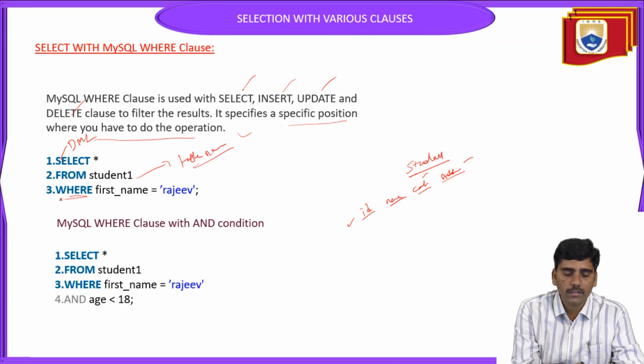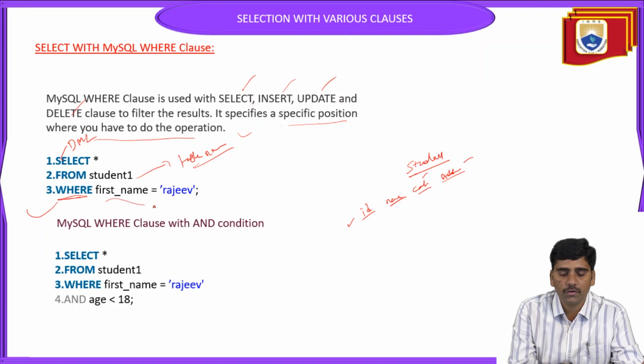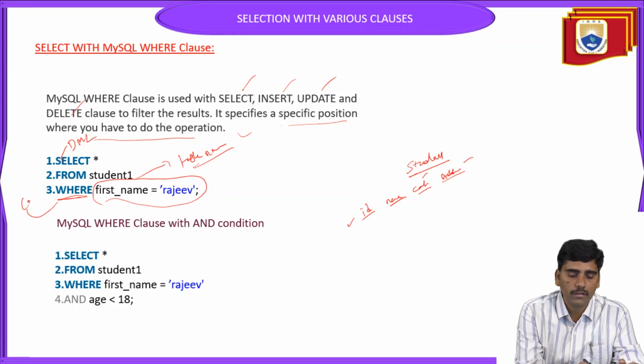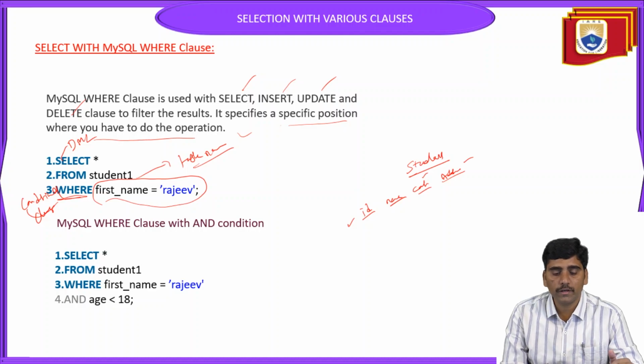Where, this is the where clause, which is a conditional clause. We can call it a conditional clause, because it is the clause which is used for writing the condition. So we use this conditional clause to retrieve the values.